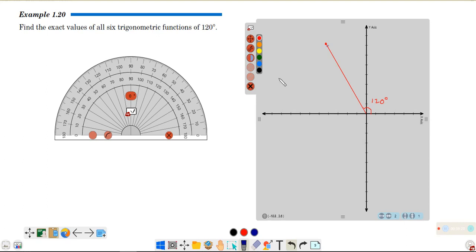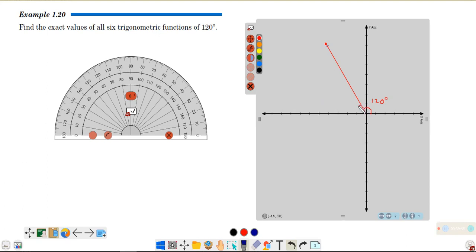But the trigonometric function values of 120 degrees are the same as those of its reference angle. So what is its reference angle?